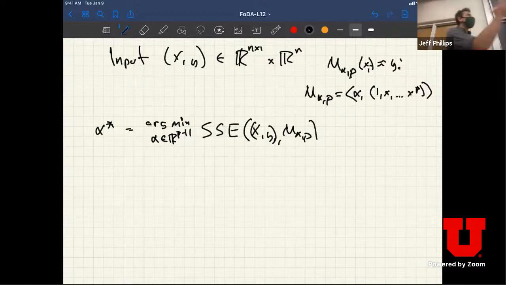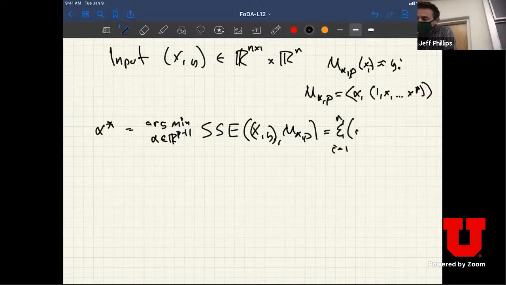We're using the sum of squared errors; there's a way to derive this assuming it comes from this model with some Gaussian noise, but we don't ever verify that. Really the reason is that there's this very simple linear algebraic approach to it. This is the sum over i equals 1 to n of y_i minus model alpha_p at x_i, squared. So this is our sum of squared errors, and we want to solve for this alpha star.